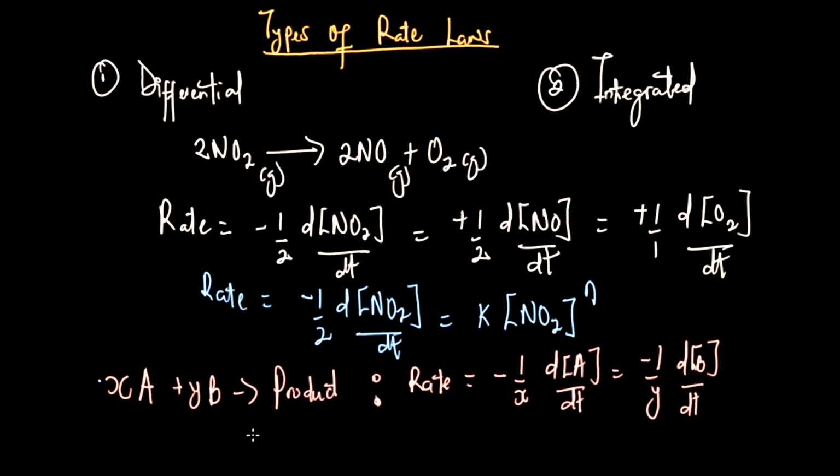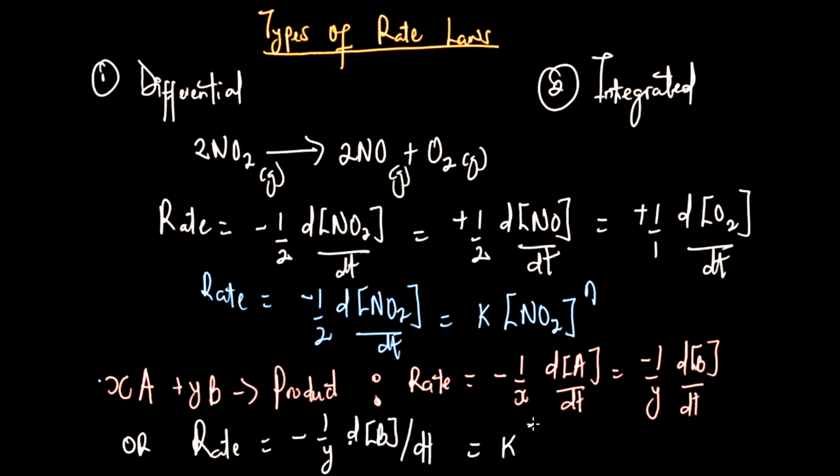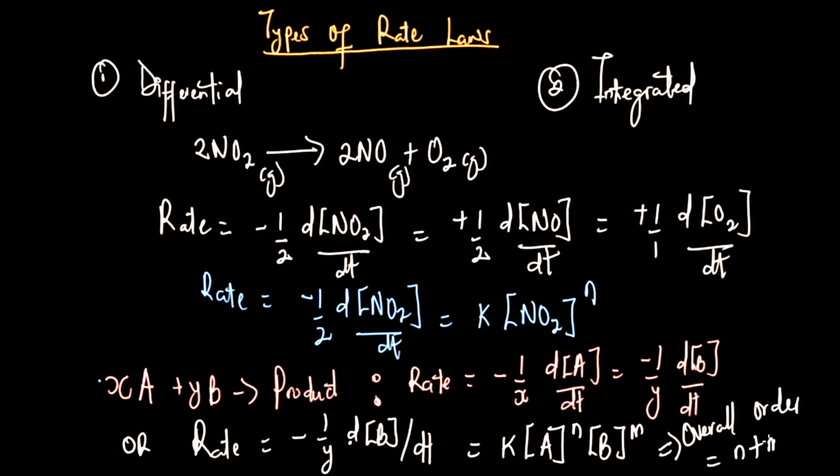We can also write it that the rate equals k[A]^m[B]^n. So the overall order of the reaction equals m plus n.